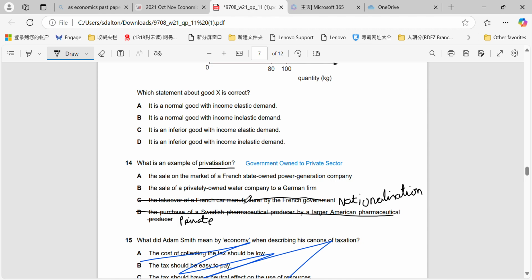Sale of a privately owned water company to a German firm, that's the same as D. That would be private to private. Sale on the market of a French state-owned power generation company, that would be our correct answer. It is state-owned or government-owned as of right now, and they're selling it on the market to the private sector.